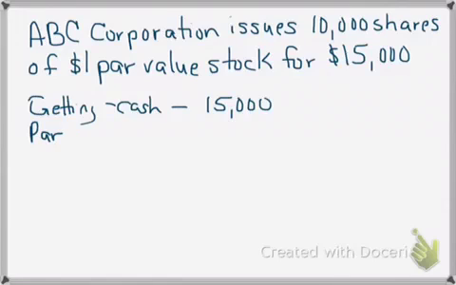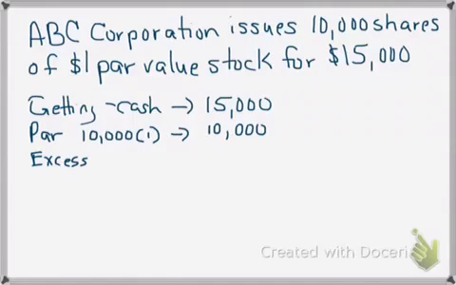In this case, we have a $1 par value. We're going to issue 10,000 shares with a $1 par value, and so that is going to equal $10,000. And then we need to look at what the excess amount is going to be. And so the excess amount over par is going to be $5,000.